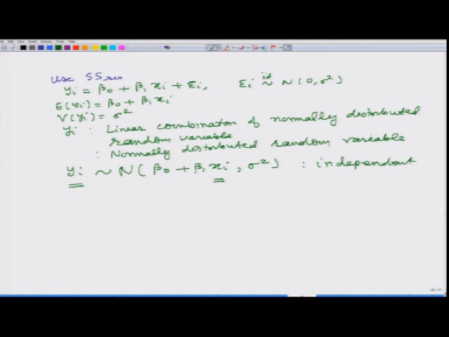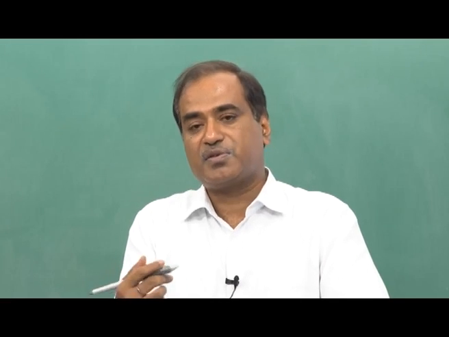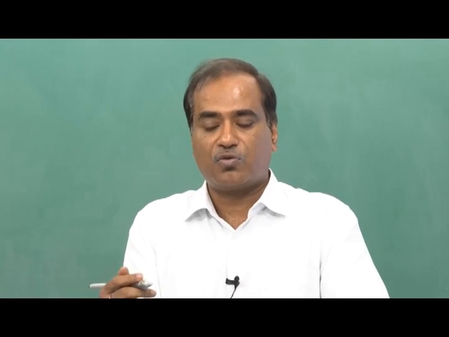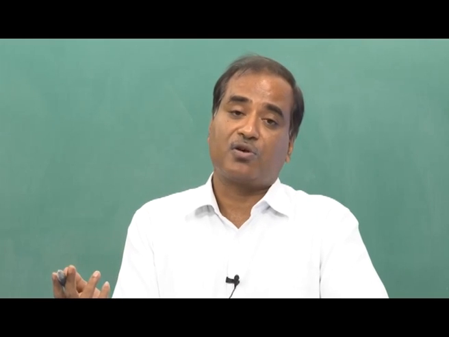Once I can write this, we also know that the sum of squares of normal random variables follows a chi-square distribution. If there are n random variables, each of them normally distributed, then their sum of squares will follow a chi-square distribution with n degrees of freedom.